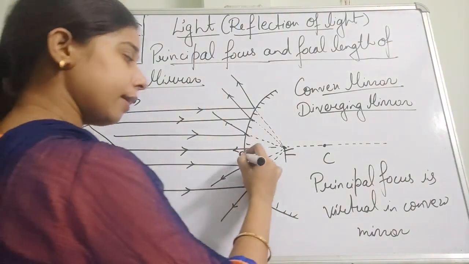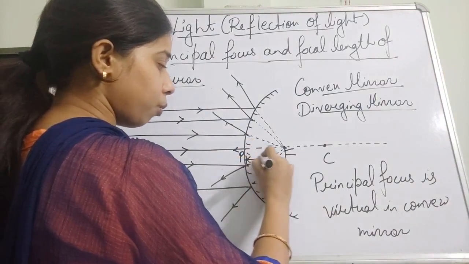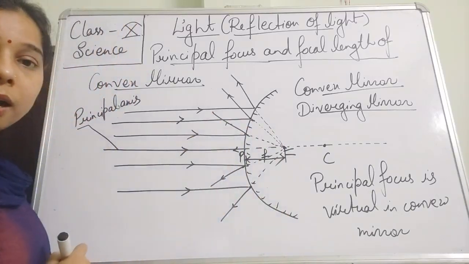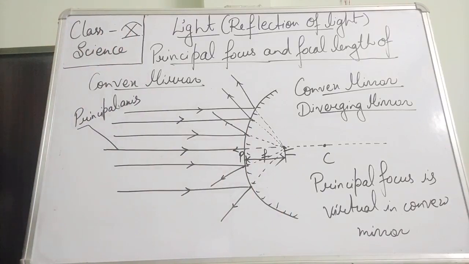What is the focal length? Again the same thing. Focal length is the distance from the pole to the focus. That is called the focal length, and it is also represented by small f.